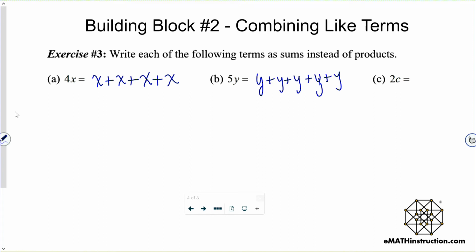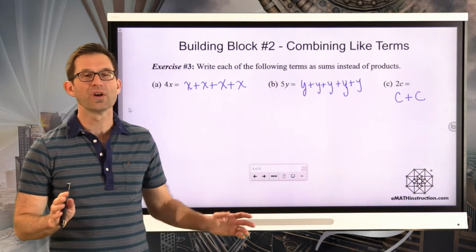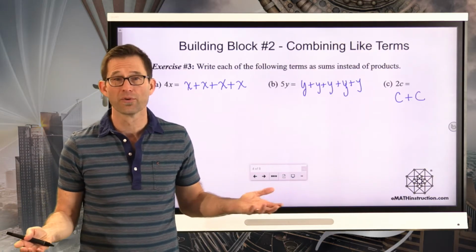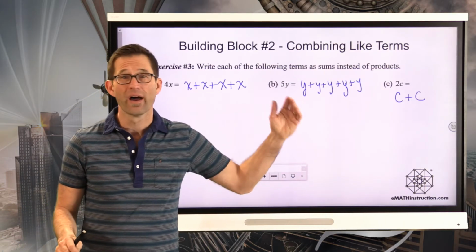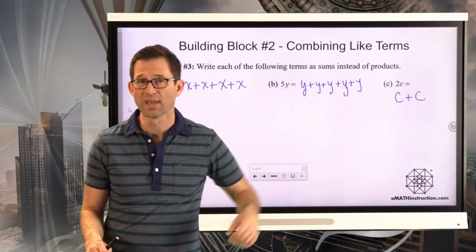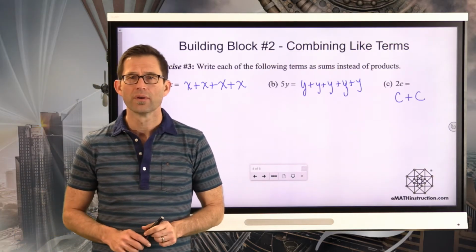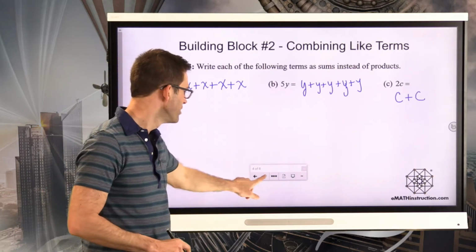And 2c, maybe that's the easiest of them all, is just c plus c. So very, very easy. We're just saying, do you understand what multiplication is? 5 times y is 5 y's added up. 2 times c is 2 c's added up. Likewise, 4x.